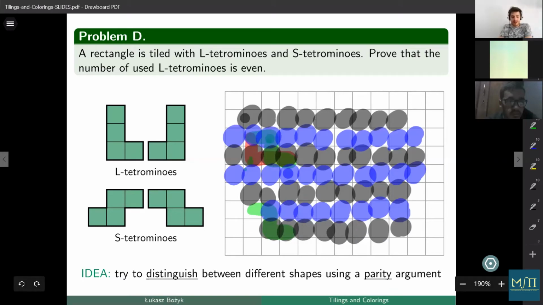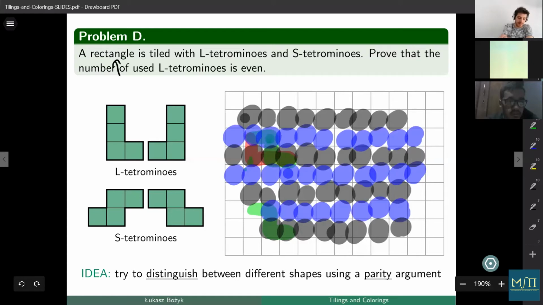So to finish our problem, it remains to claim that we can place this rectangle on this colored grid in a way that it contains an even number of black cells.